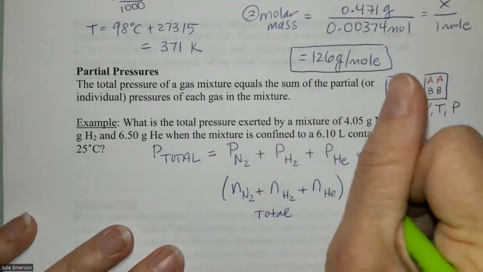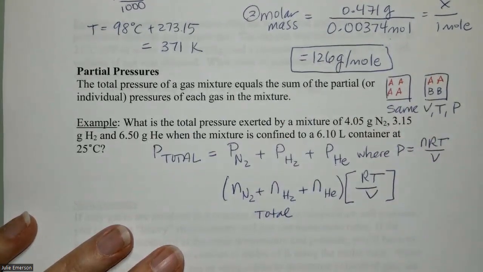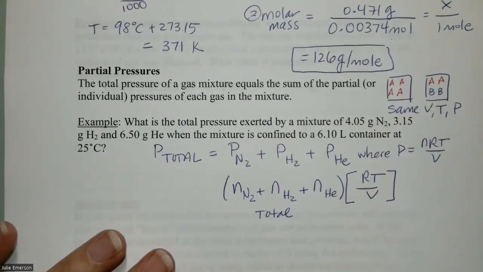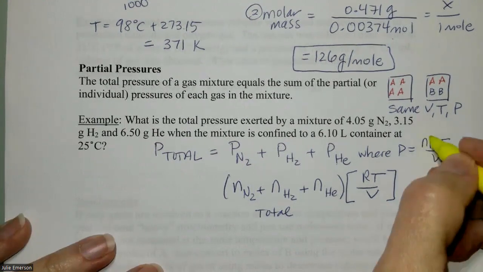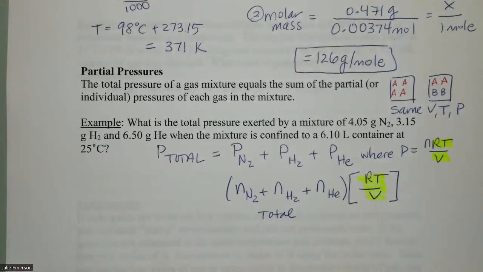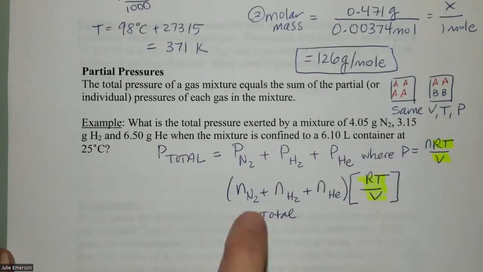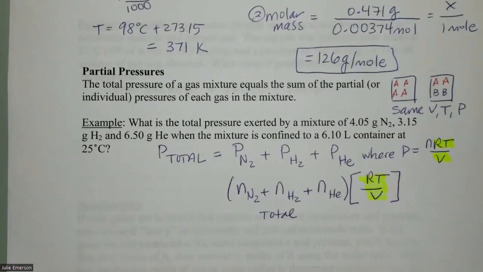And then I'm going to multiply that by RT divided by V, right? So basically what I did is I'm going to factor out the RT divided by V because that's constant. None of that is changing. So instead of doing 3 different PV = nRT calculations, I really only have to do one, but I first have to find my total moles present.